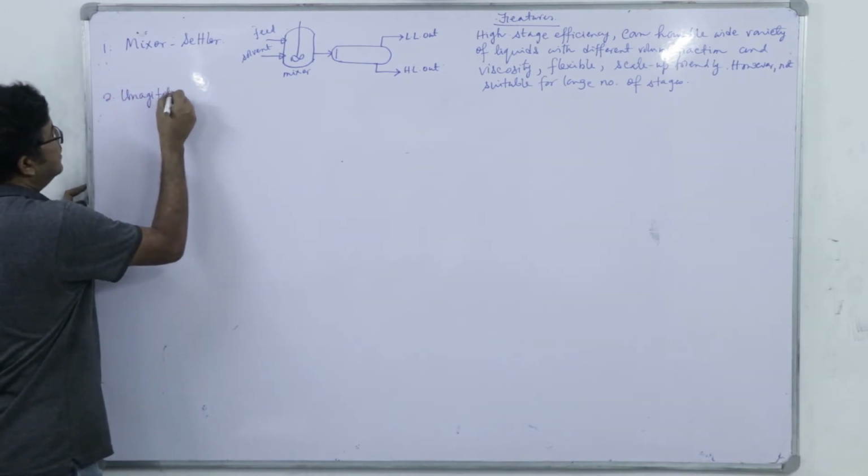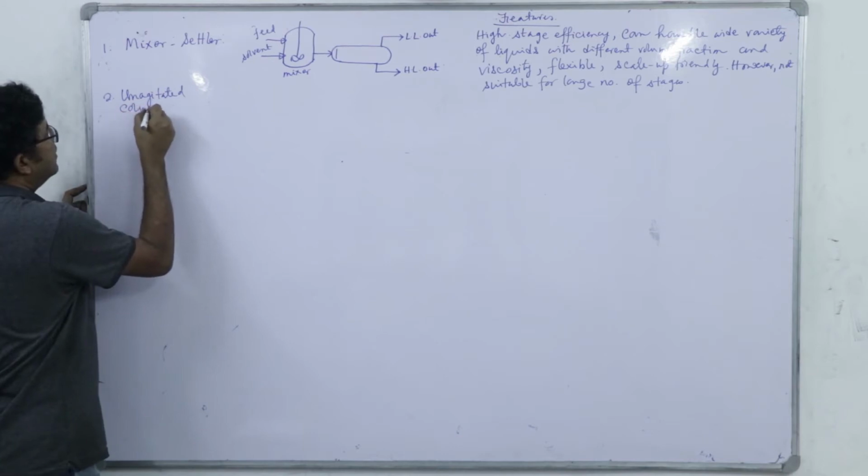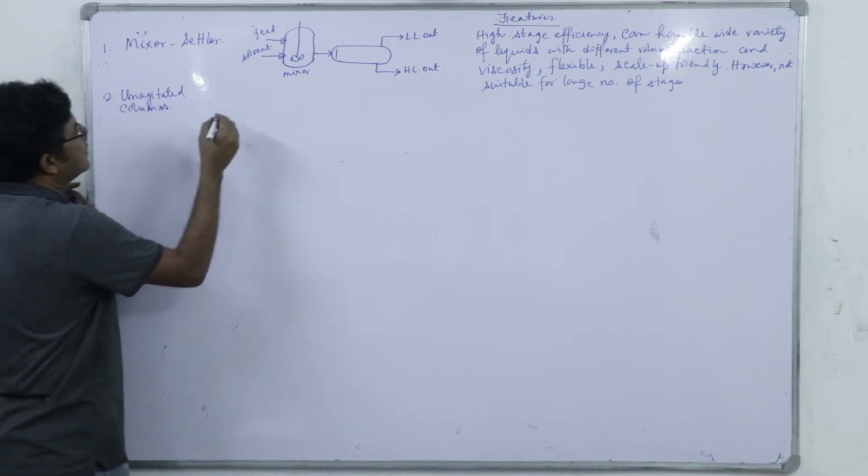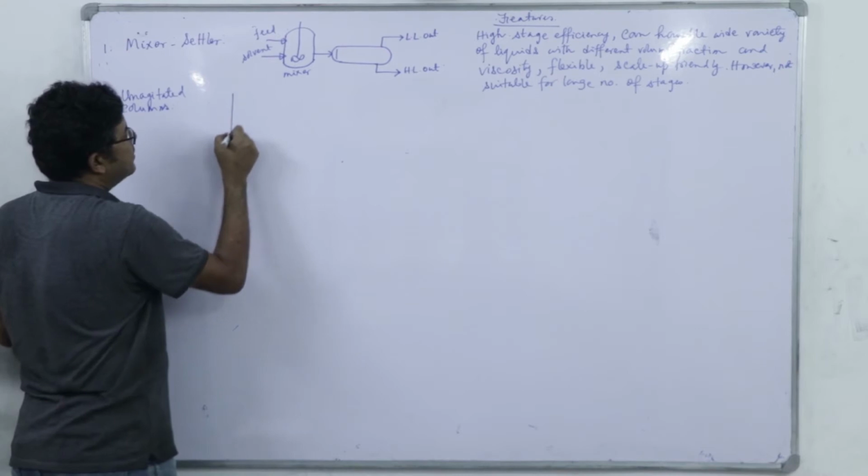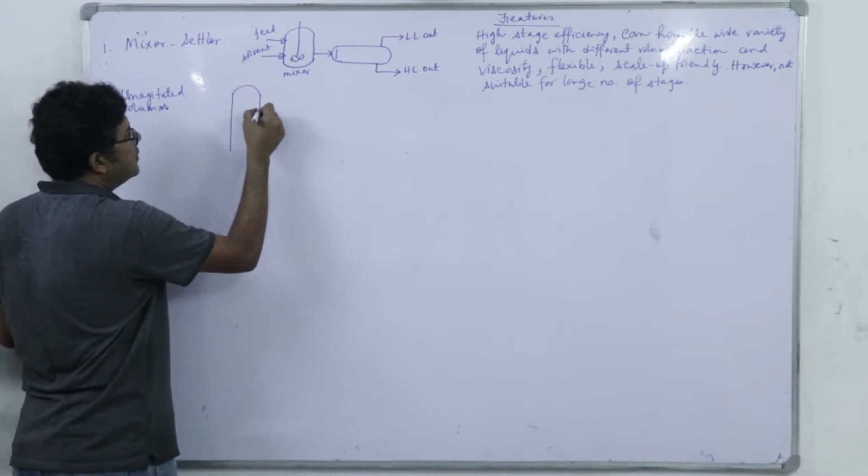So, second one is unagitated columns. So, this may be a spray column. See, what is a spray column?